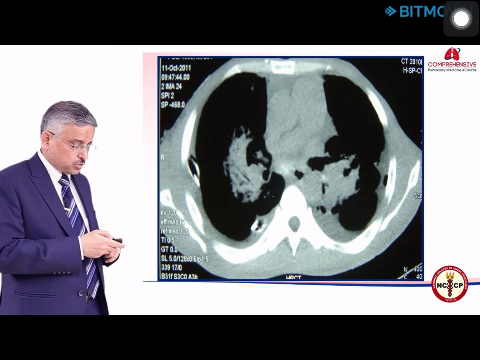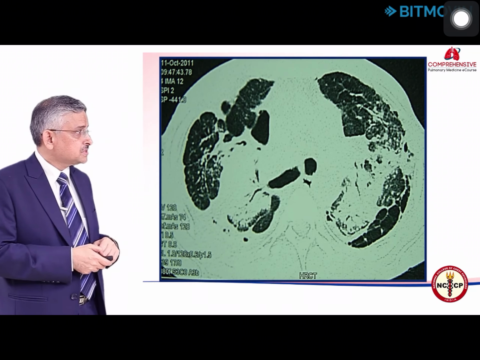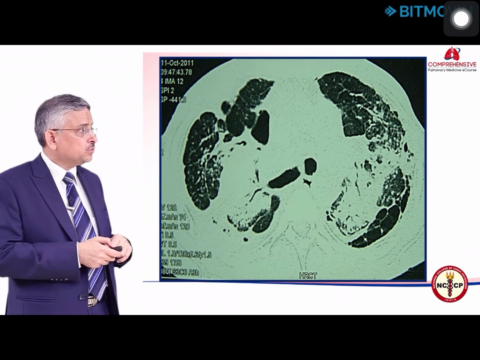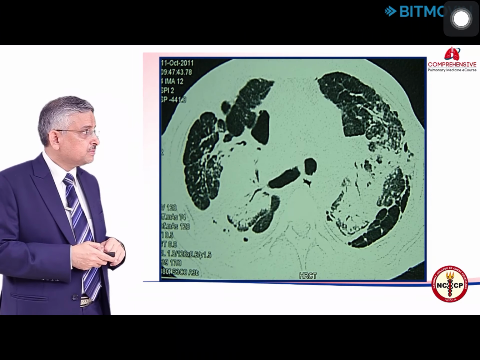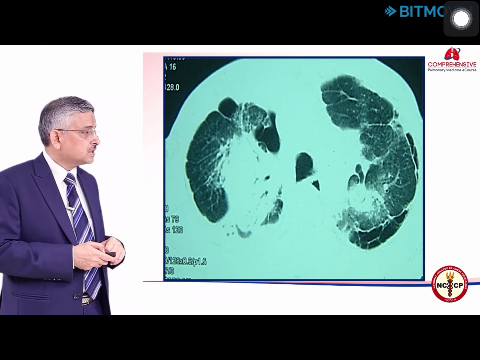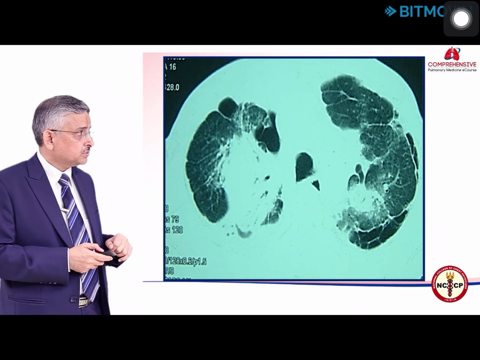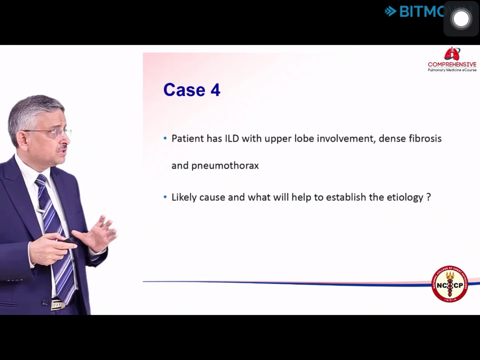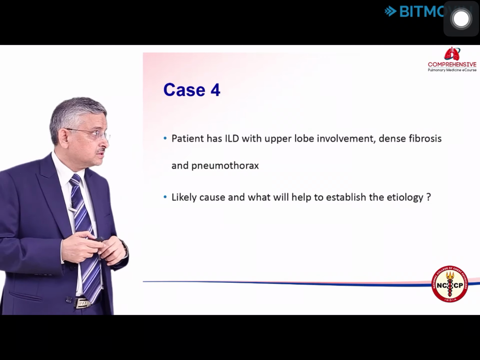There is also a chest tube now because he developed a pneumothorax on the other side. This is the lung window again showing areas of fibrosis with infiltrates, and other cuts showing extensive fibrosis with some degree of reticular shadows. So, this patient has ILD with upper lobe involvement, dense fibrosis and has a pneumothorax on both sides.